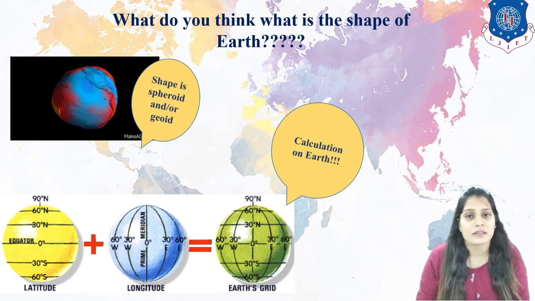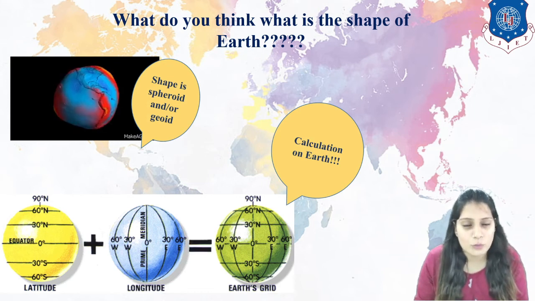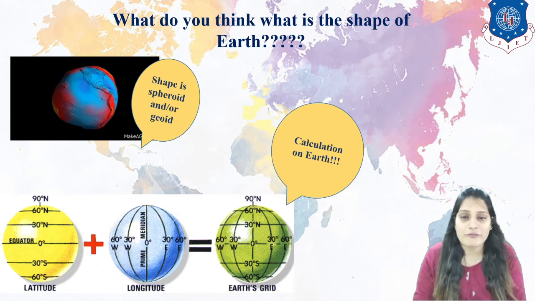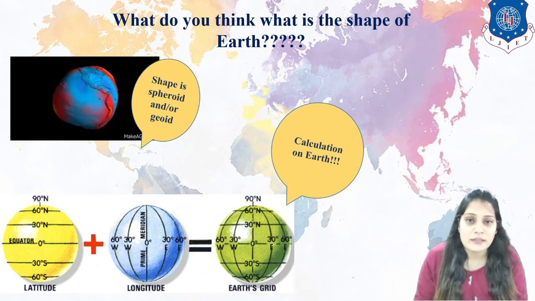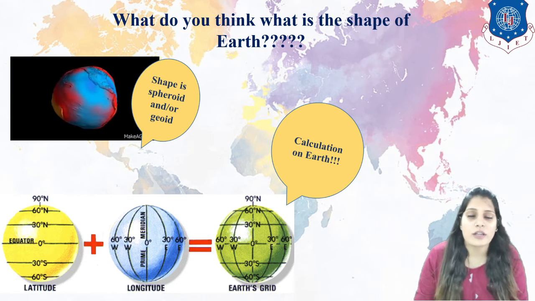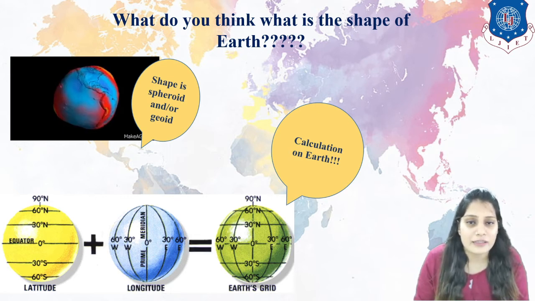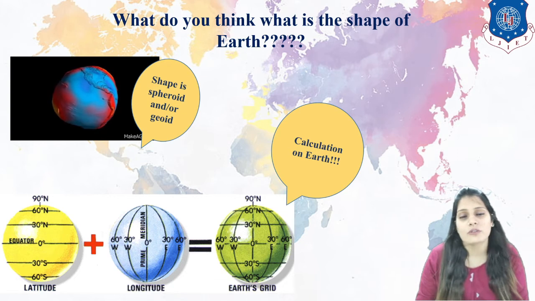From the equator, two equal portions are divided into numbers of horizontal lines. And similarly, the meridians, which join from north to south, and you can see 30, 60, 90. This is how it is divided into vertical portions.